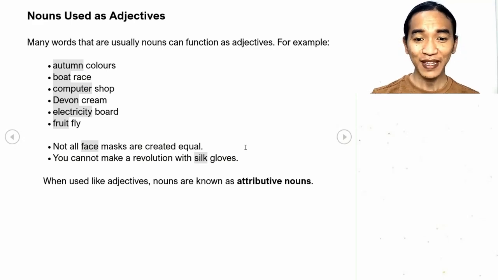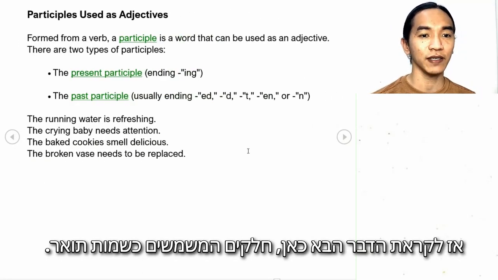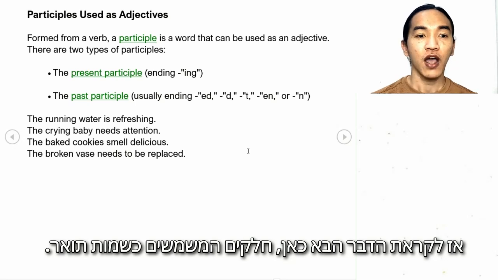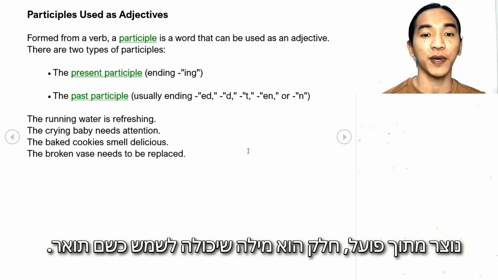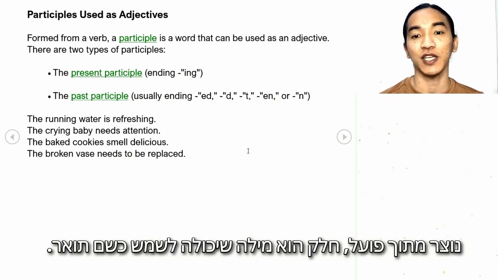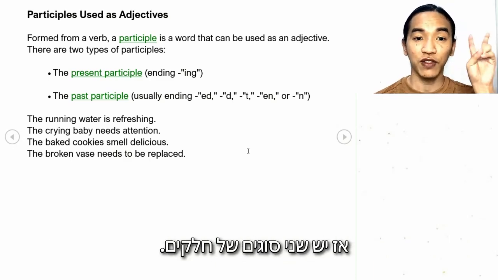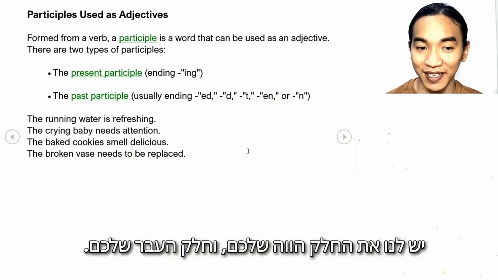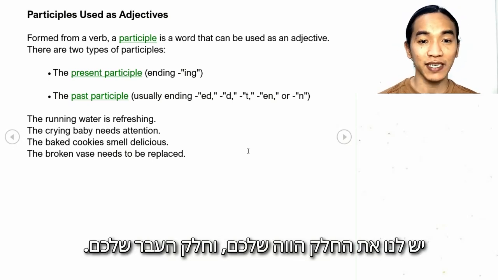Okay? So for the next one here, participles used as adjectives. Okay, formed from a verb, a participle is a word that can be used as an adjective. So there are two types of participles. We have your present participle and your past participle.